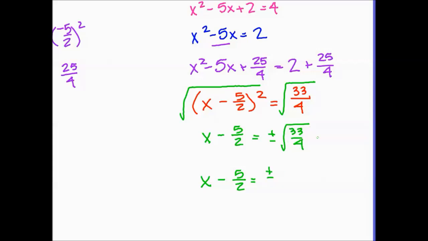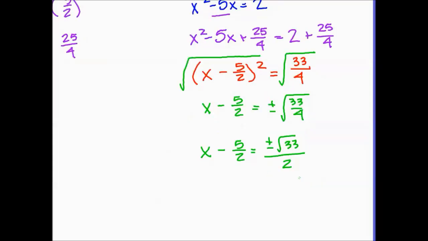So square root of 33 cannot be simplified, but square root of 4 is just 2. So then if I add 5/2 to both sides, I end up with 5 plus or minus square root of 33 all over 2 as my final answer.